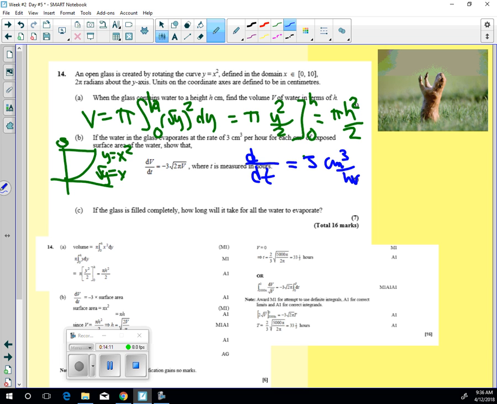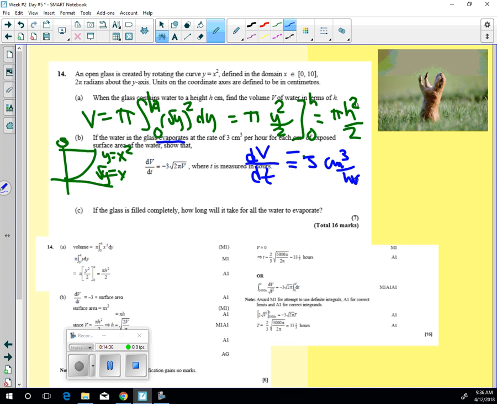And with the cubic centimeters, that tells you it's area, length, or volume. Volume, dV/dt. Is it evaporating or is it being added to? So what can you say about this 3? It's negative. The word evaporates means it's decreasing volume. Okay? That's huge. That's huge.